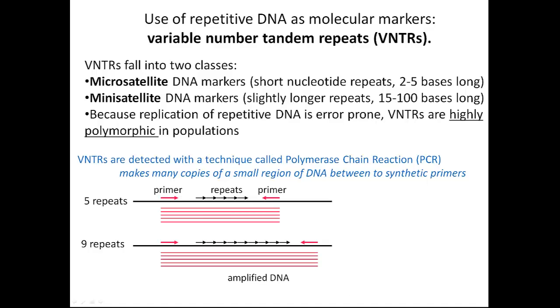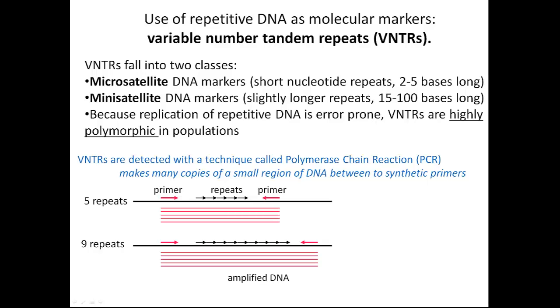The reason why VNTRs tend to be very polymorphic in the population is because of replication errors during S phase when a cell is dividing. And we'll talk more about that when we talk about the process of replication.